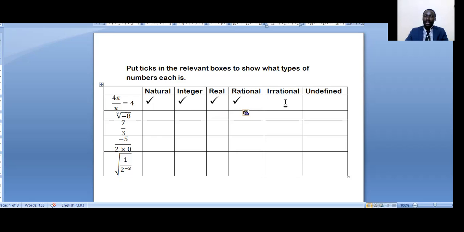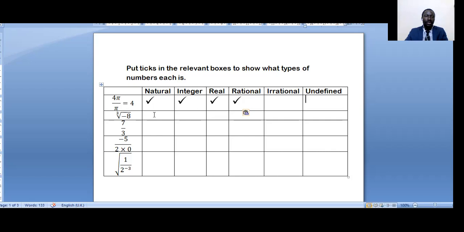No, we cannot say that, because the exact opposite of a rational number is an irrational number. So if 4 is already a rational number, 4 cannot be an irrational number, okay? And is 4 undefined? No, 4 is defined. 4 falls under what? Natural, integer, real, and rational. So 4 has a very good definition.